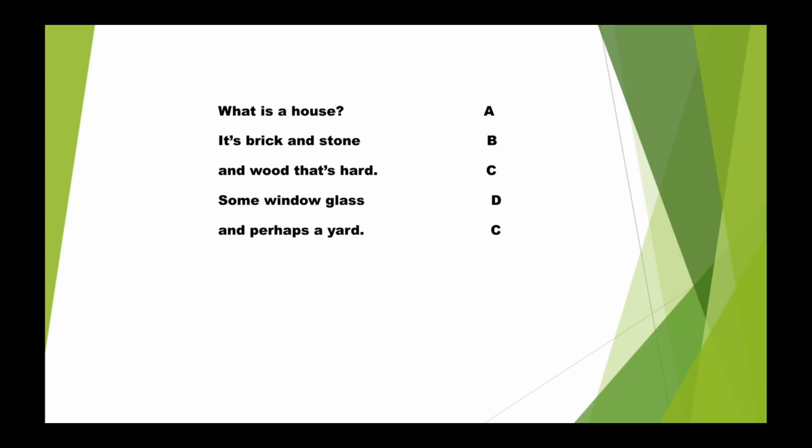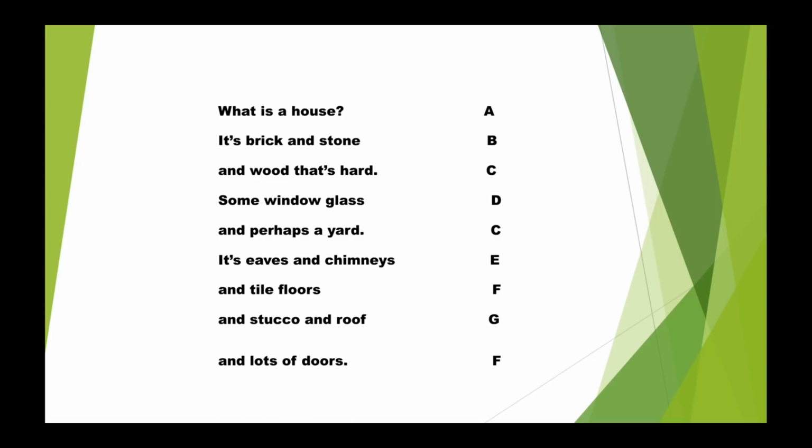C. Again C. Why? Because yard is rhyming with hard. It's eaves and chimneys. E. And tile floors. F. And stucco and roof. G. And lots of doors. F. Why F? Because doors is rhyming with floors.